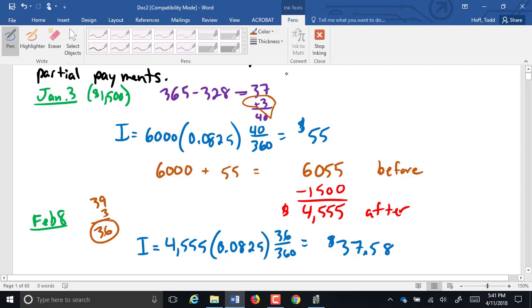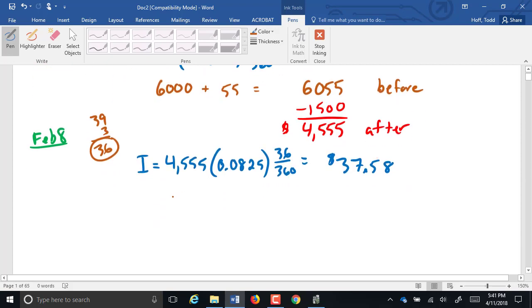So then we go to add that to our $4,555, which gives us $4,592.58. That's our balance before the payment.